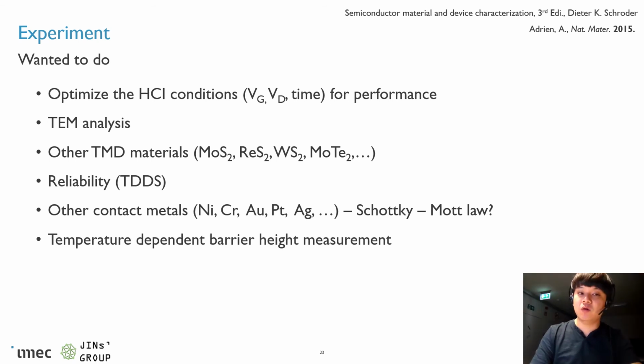Or I want to do a reliability test like TDDS, and I want to try other contact metals like nickel or chrome or gold and silver or platinum. So I want to check the Schottky-Mott limit. And the final one, I really want to check the temperature independent barrier height measurement.